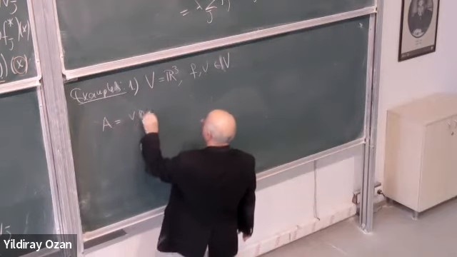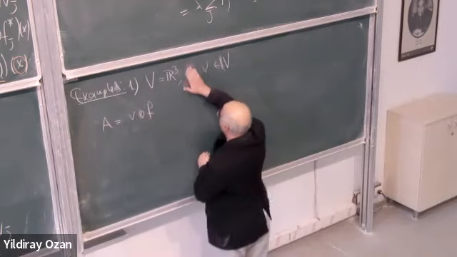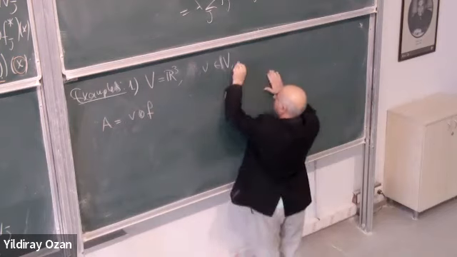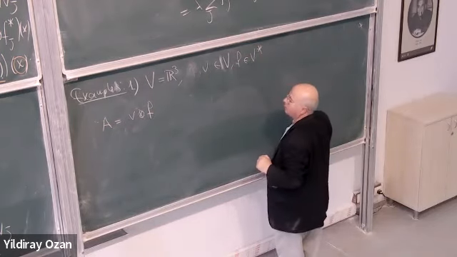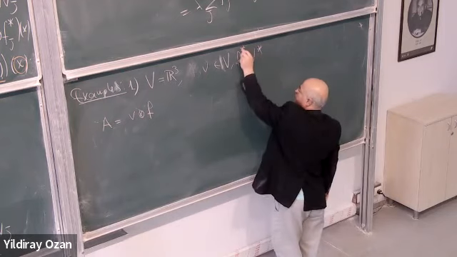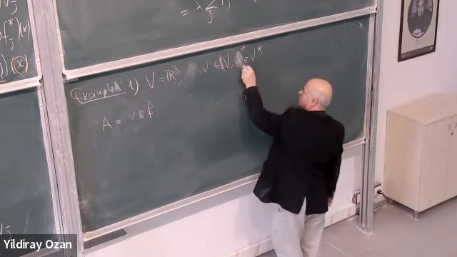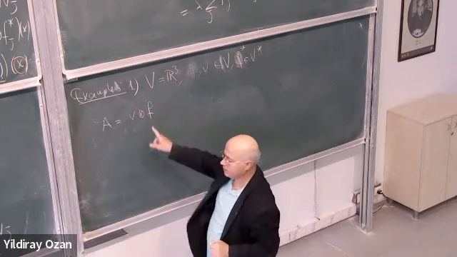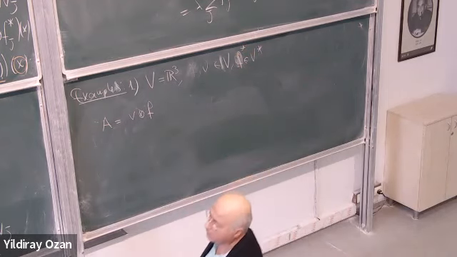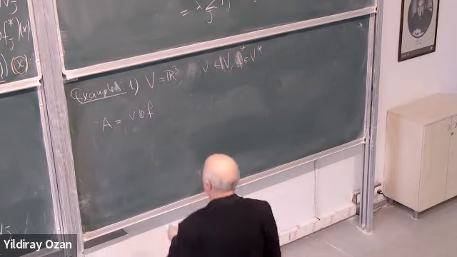V tensor. Oh, okay, V is here, F is here. This type. Okay, we wrote it like that.